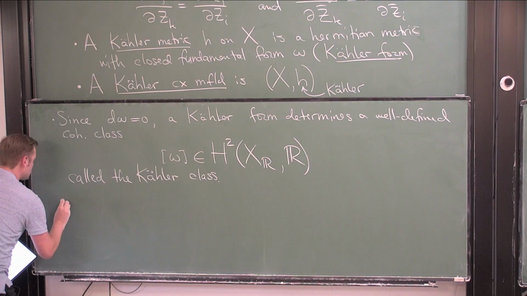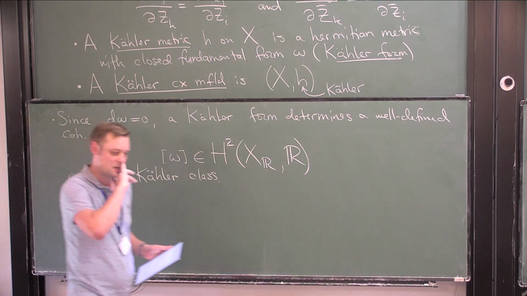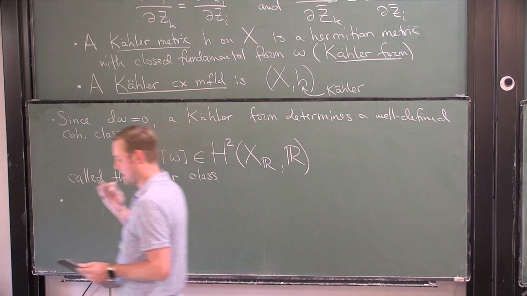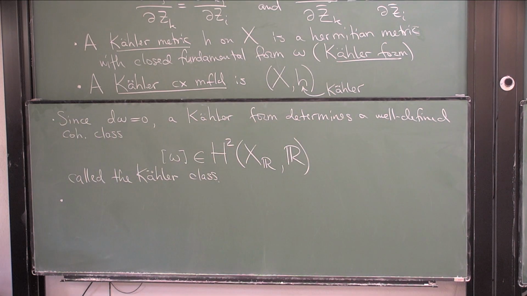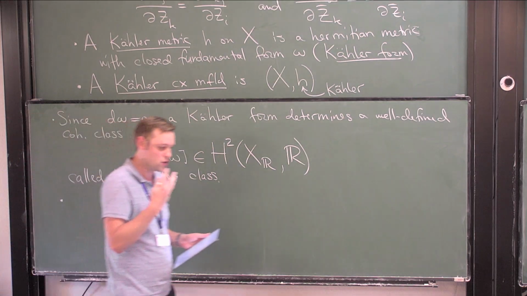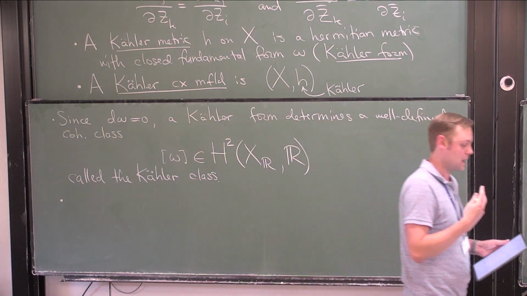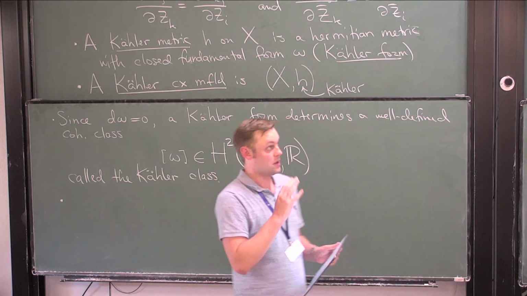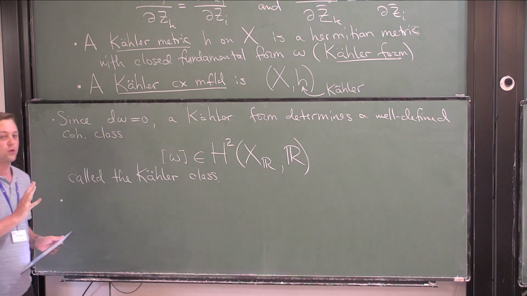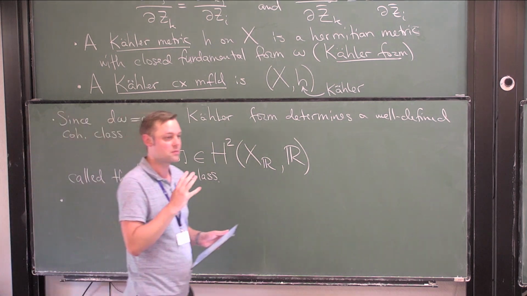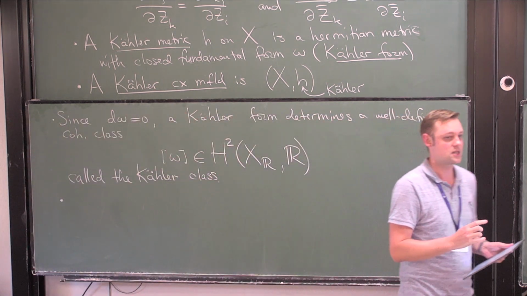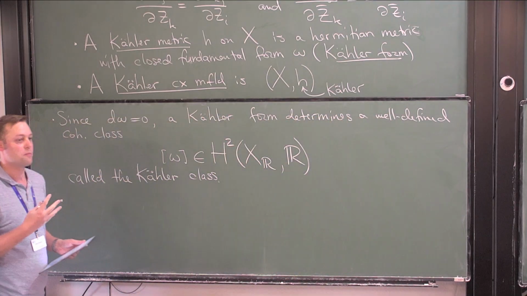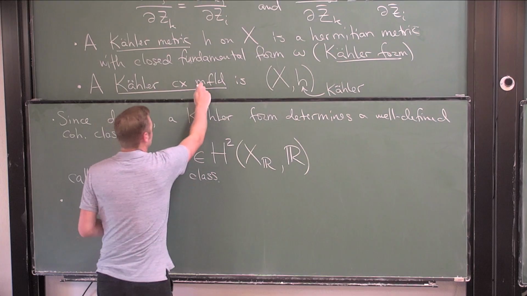So what's the significance of having a Kähler class as opposed to an honest Kähler form? Well, if I have two forms which lie in the same cohomology class, that means they differ by something exact.